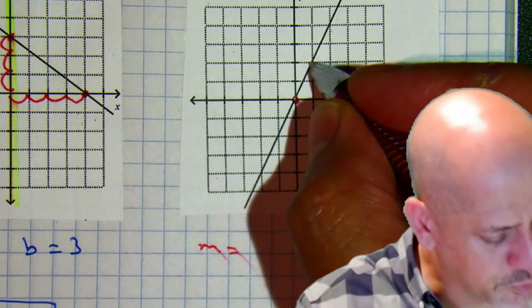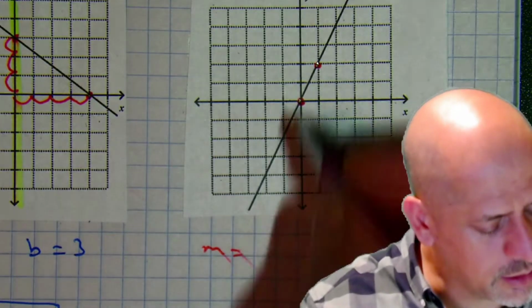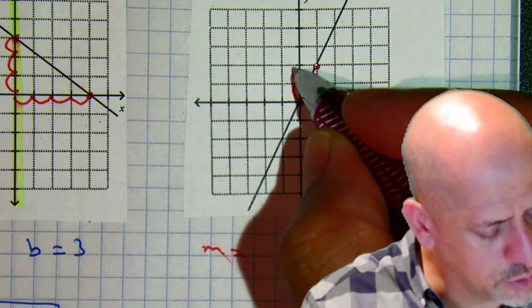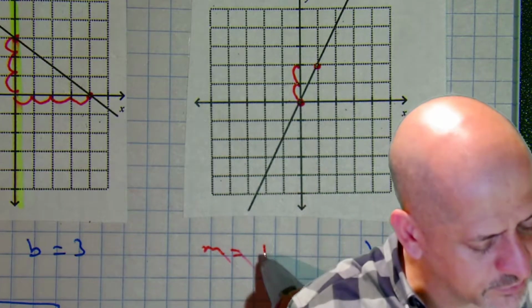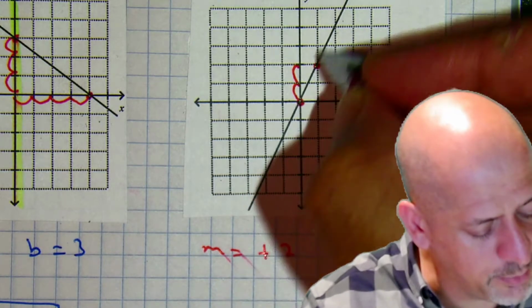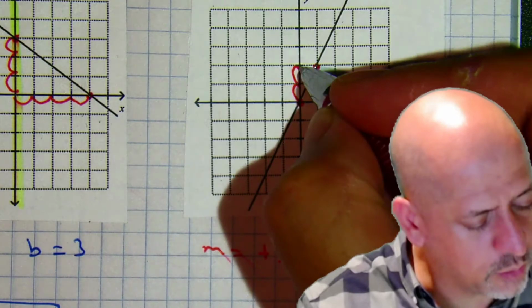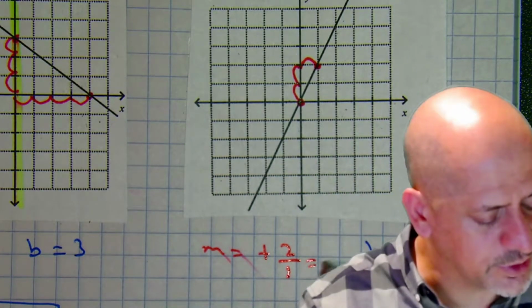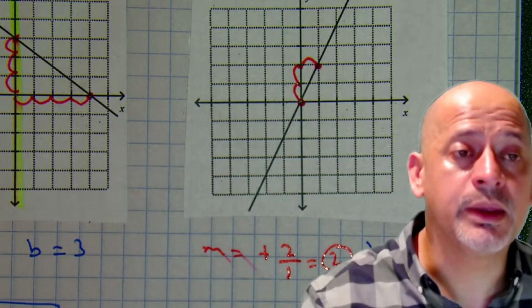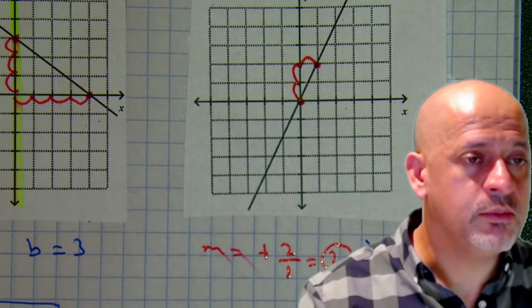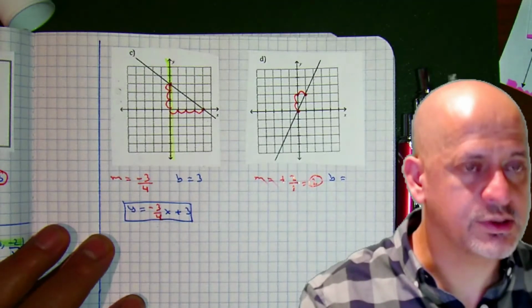This point here. So therefore, I'm going to go 1, 2. My slope is +2. Positive because it's going up, and over 1. So therefore, it'll be just 2. And what is my b? In this case, my b is, where does it cross the y-axis?